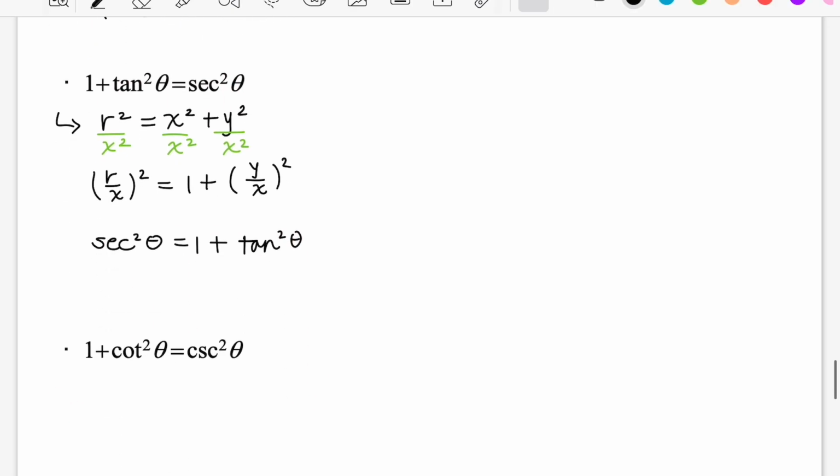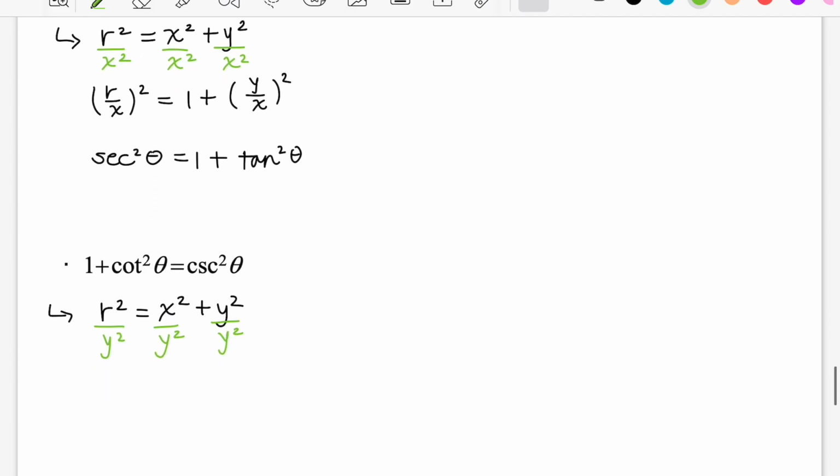And lastly, if we were to do the same thing using our Pythagorean theorem, but now in this case divide both sides by y squared, on the left-hand side here, we'd get r over y squared. On the right-hand side here, we'll have x over y squared plus y squared over y squared, which is going to be equal to 1.